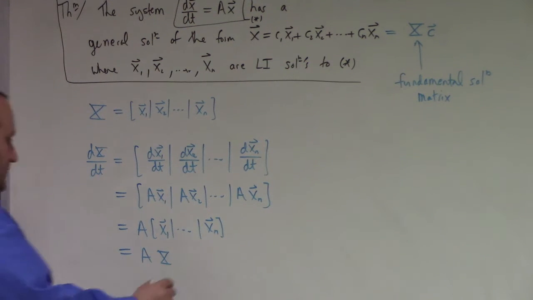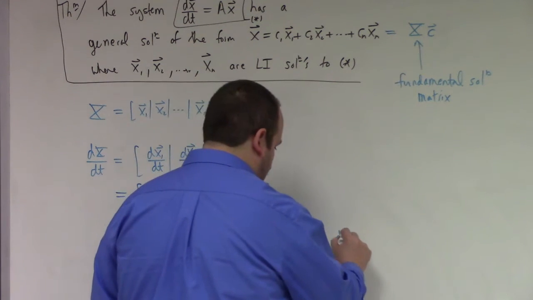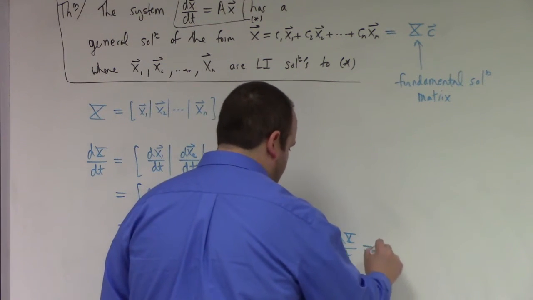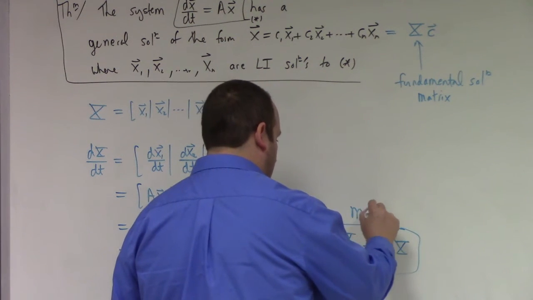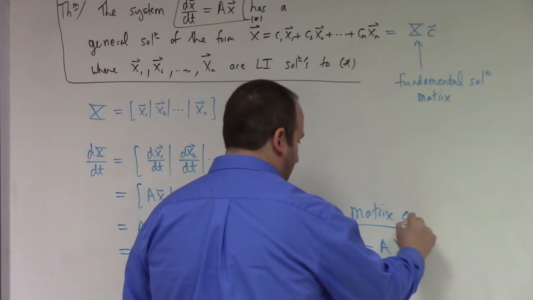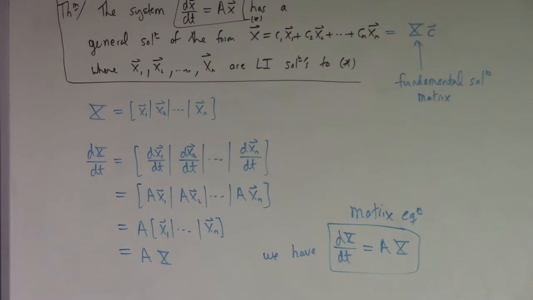You see, we have dx dt is equal to A times x. This single matrix equation contains within it n column equations, right? That's a very efficient notation, right?